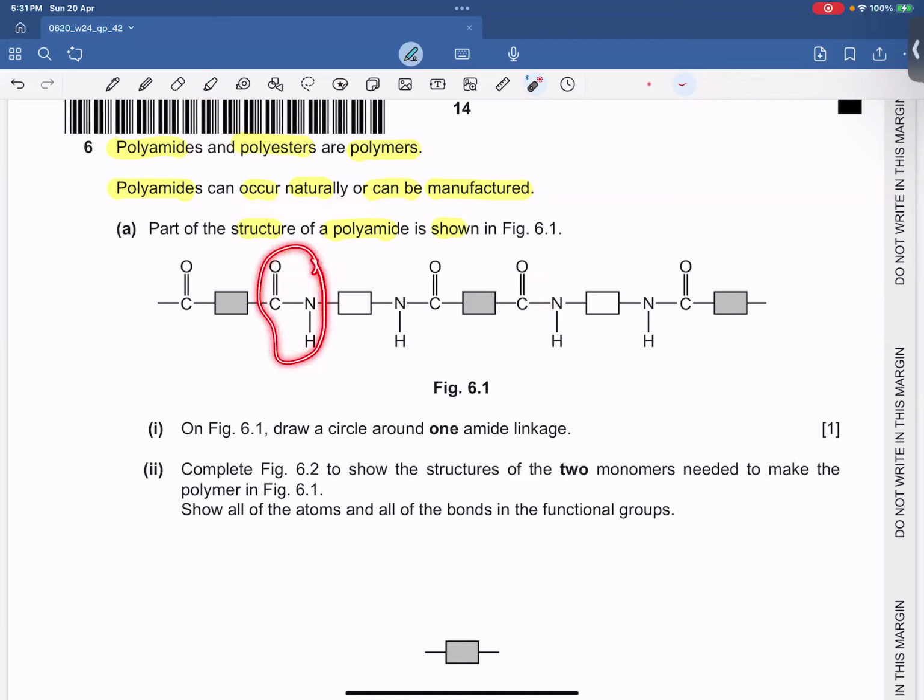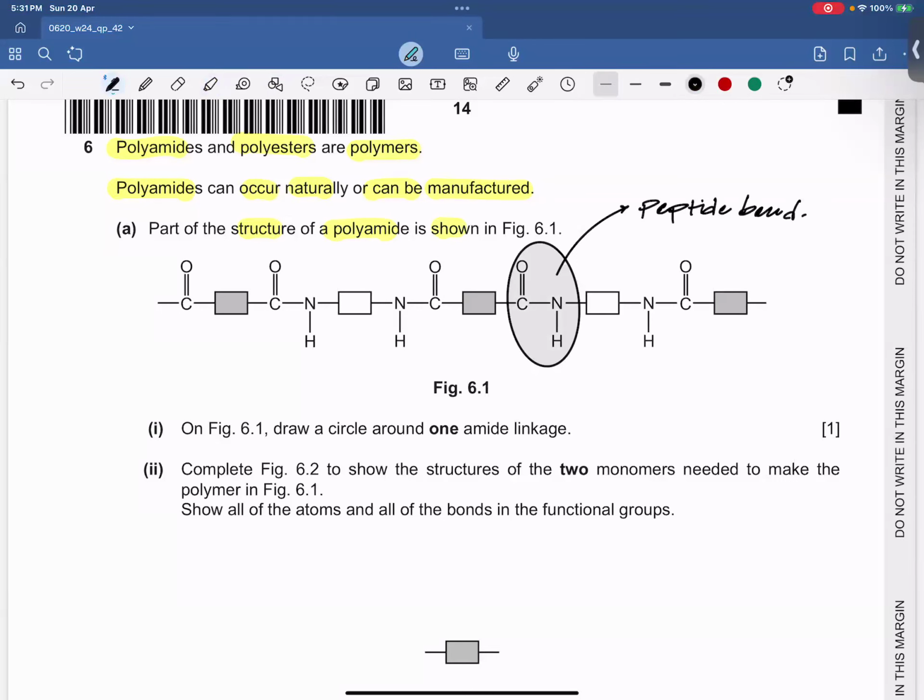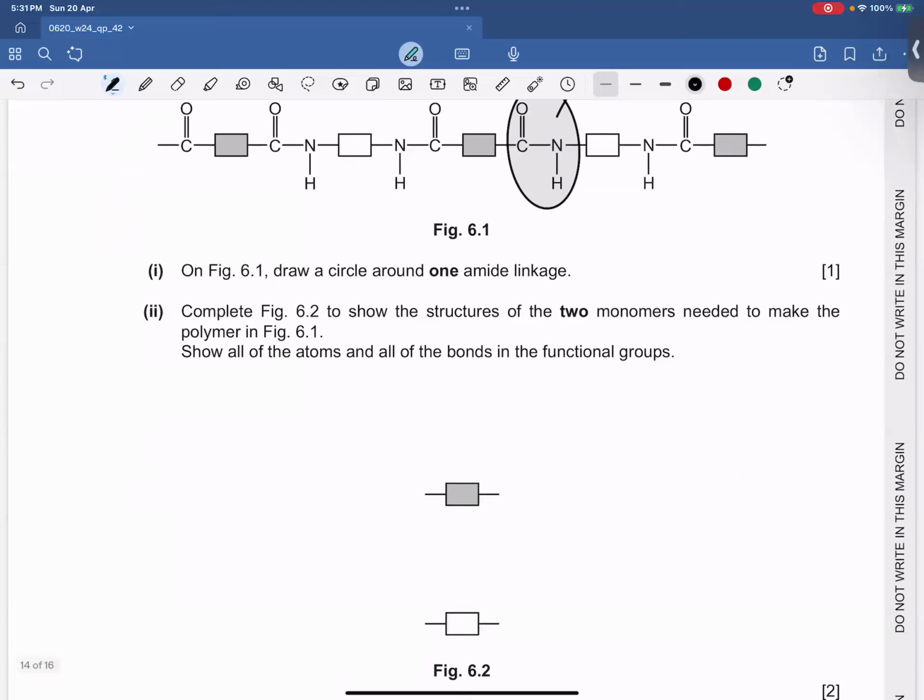And if protein is there, I will call this peptide linkage or peptide bond. And that's protein actually. Draw a circle around one amide linkage.